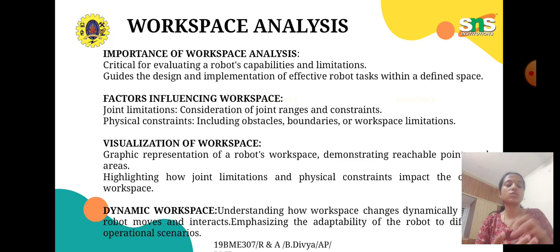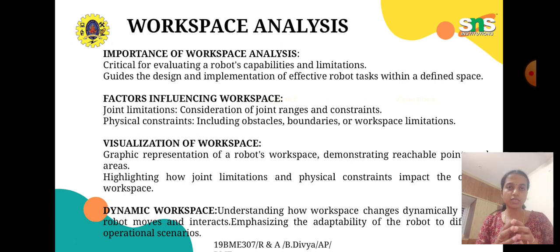Factors influencing workspace. What are the factors influencing workspace? Joint limitations, which is the consideration of joint ranges and constraints. Next is physical constraints, including obstacles, boundaries, or workspace limitations.